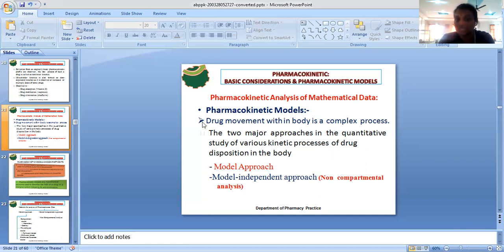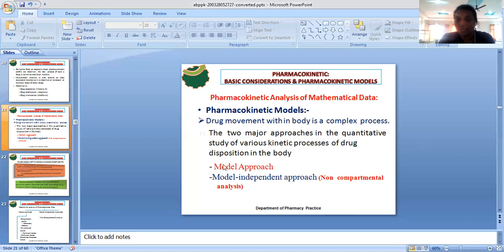The drug movement is explained by the four kinetic processes, and it can be better explained by considering these two important approaches, which are useful to study the various kinetic processes of drug disposition in the body: the model approach and the model independent approach.